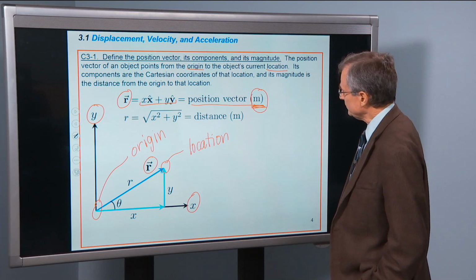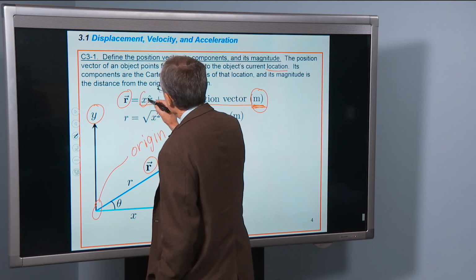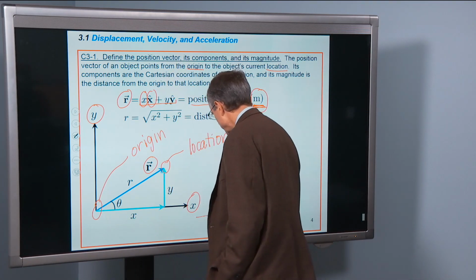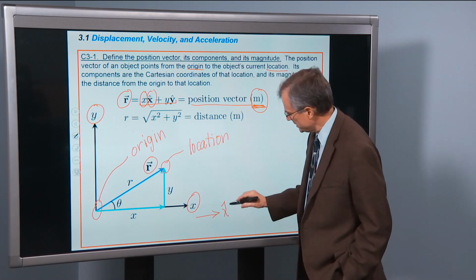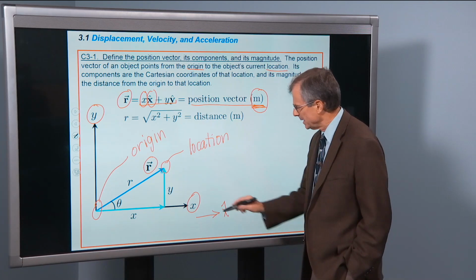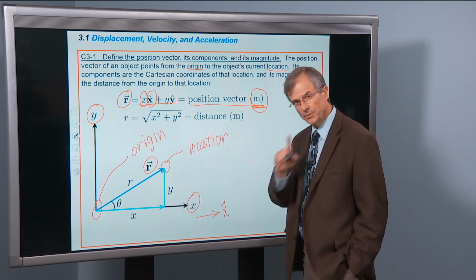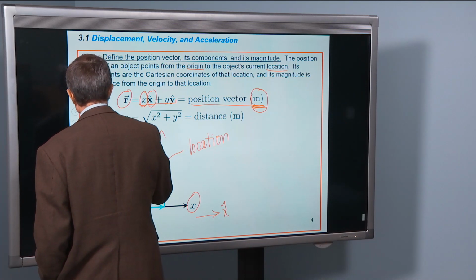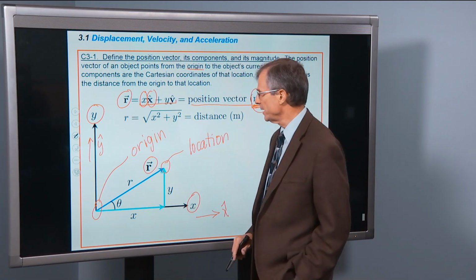The components are x in the x hat direction. If you recall from the last chapter, x hat, that's a little hat on top of the x, points in the x direction, and it has a magnitude of 1. It's a unit vector. And y hat is a little unit vector that points in the y direction.